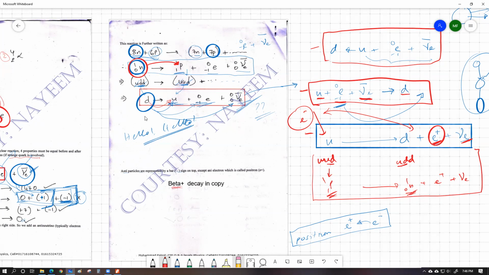The absorbed orbital electron and the created positron annihilate each other and create pure energy, which is emitted from the thing.